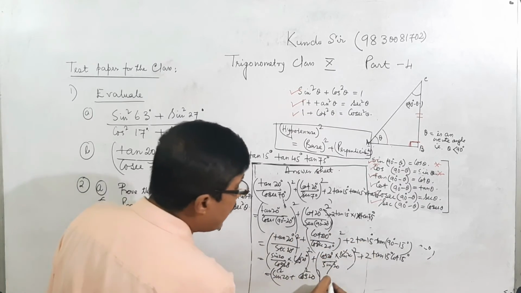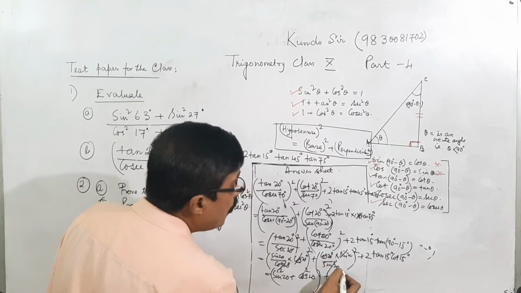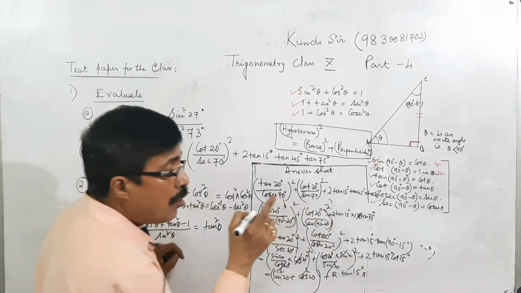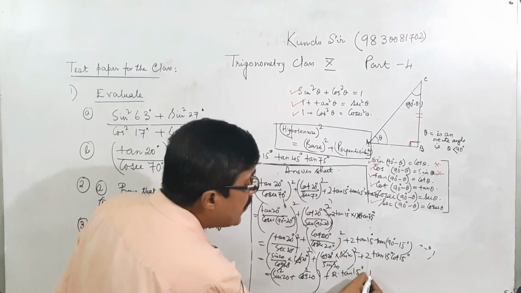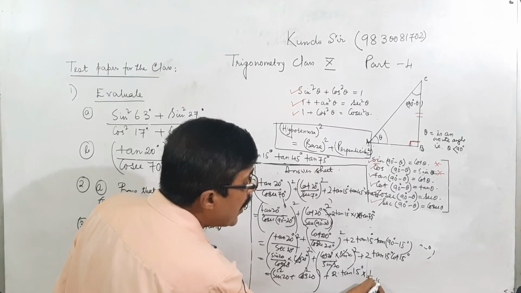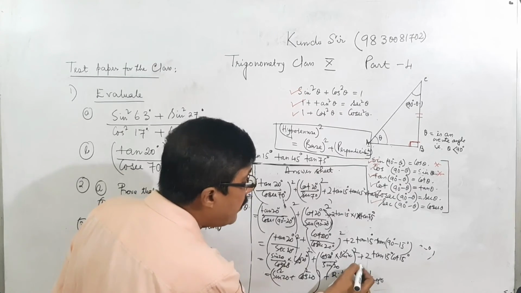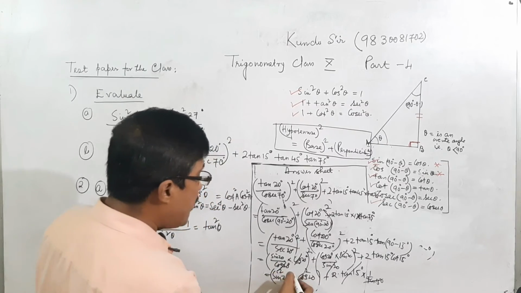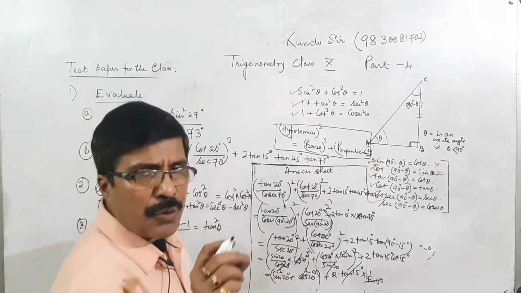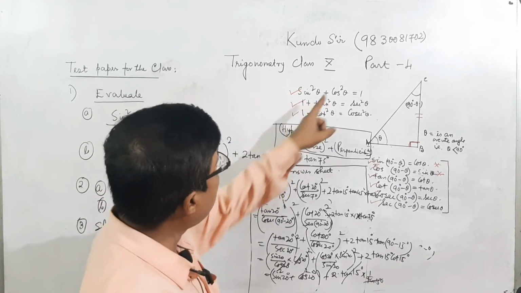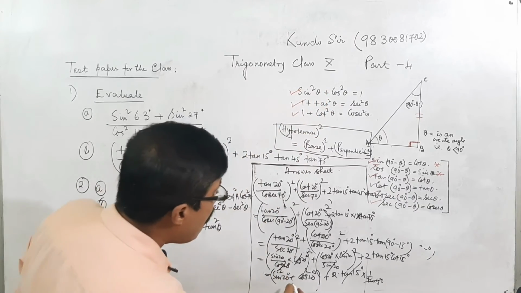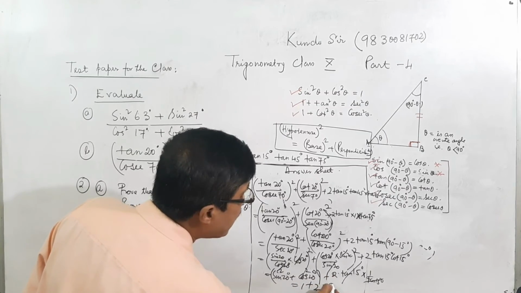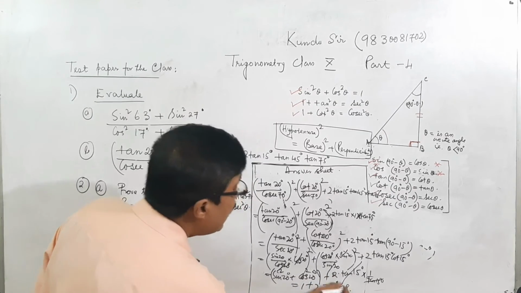Moreover, we are writing here 2 into tan 15 degree into cot, meaning 1 by tan. We are cancelling tan 15 and tan 15, and this equals sin square 20 degree plus cos square 20 degree equal to 1. We are putting here 1 and plus 2, and the net result is 3.